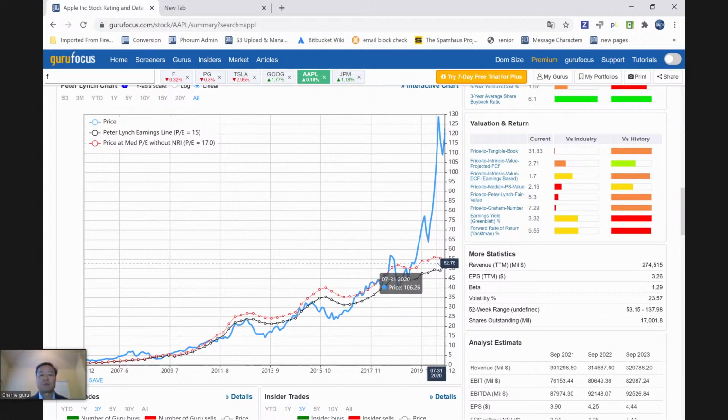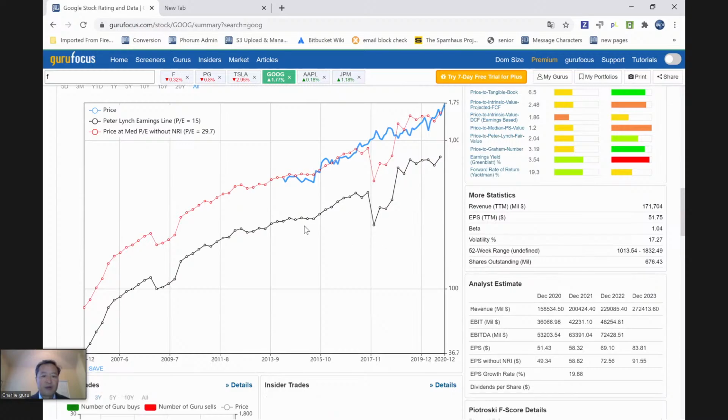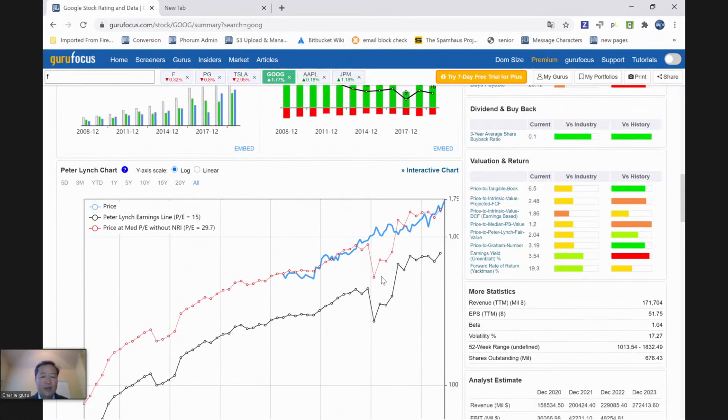We think that it's a more reasonable valuation method currently because these days the interest rate is much lower than it was during Peter Lynch's time. So, if we switch to Google, for instance, Google's Peter Lynch earnings line, this black line, is much lower than the median PE line, which is a red line here.